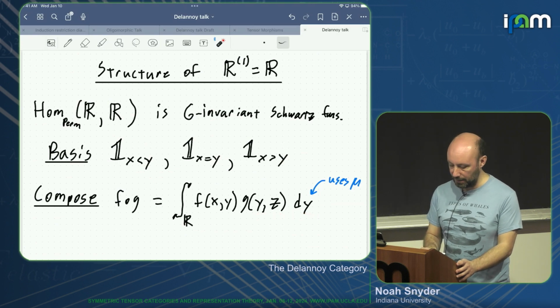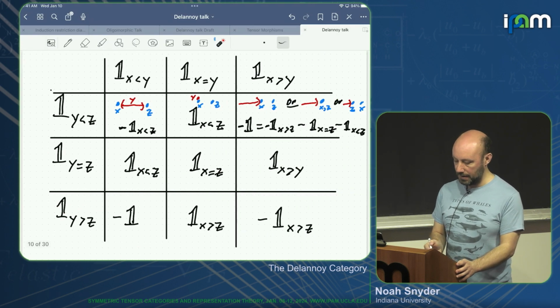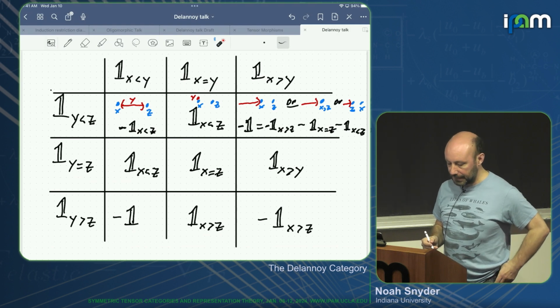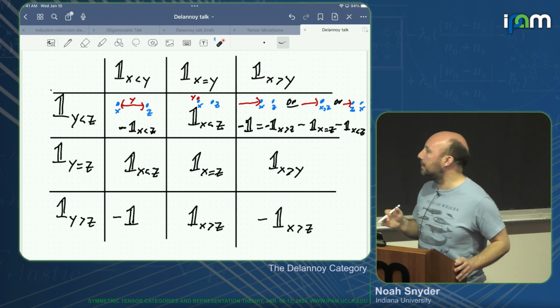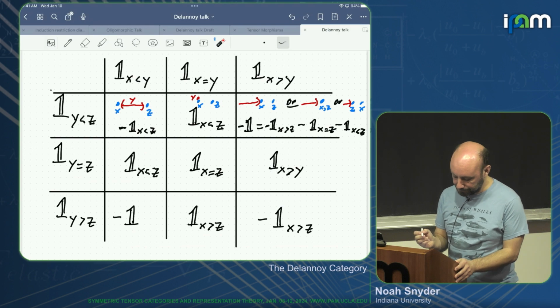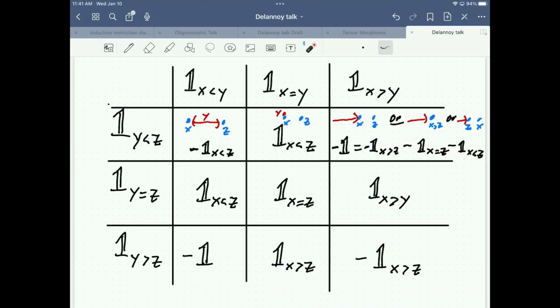Okay, so let me do that in some examples. I want to tell you the composition rules for these three functions. Everything in this section of the talk is already in their first paper. So for example, I want to compose 1 of x less than y with 1 of y less than z, integrating over y. What's going to happen?